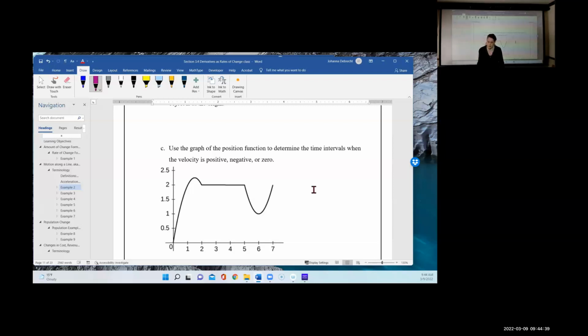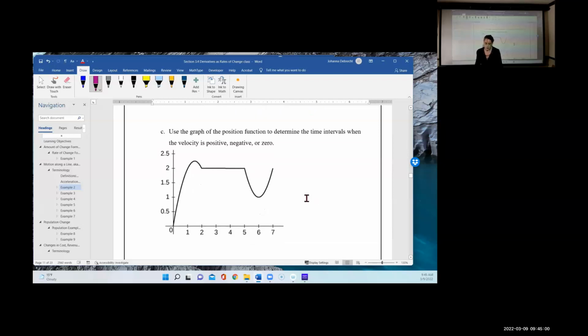So the only time it's on the axis is at t equals 0, and that's the answer to the second question. That's the only time that it hits the axis, which is not surprising because it spends all the rest of the time to the right.